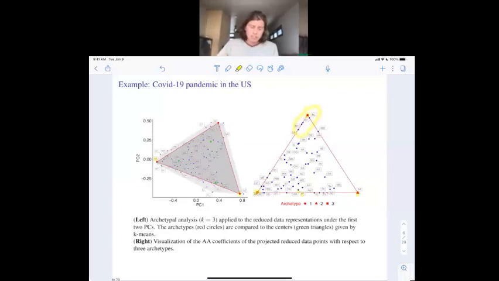If I were just to look at the PCA coordinates here, I wouldn't necessarily have much meaning for them, right? Sometimes you can interpret the principal components, but in many cases, especially if you don't have that low dimensional representation of the points, it's difficult to assign interpretation to the principal components.